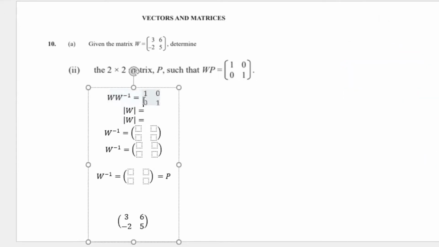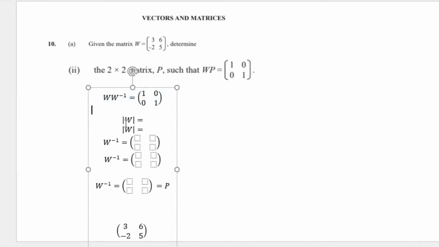So therefore, in order to find the inverse, we'll first need to find the determinant of W. So basically, before we go on, as you'll see, we are using W inverse to be equal to P. So that is basically what we are doing here.